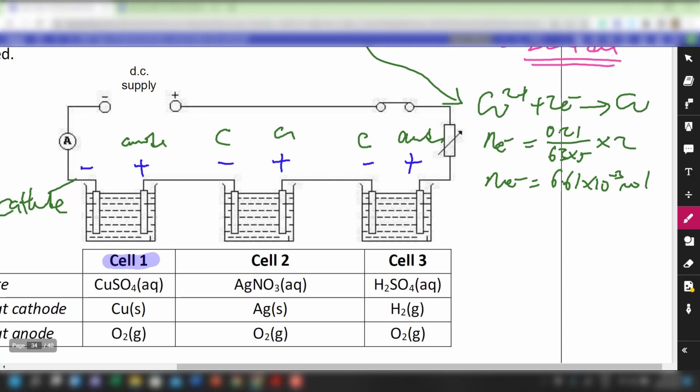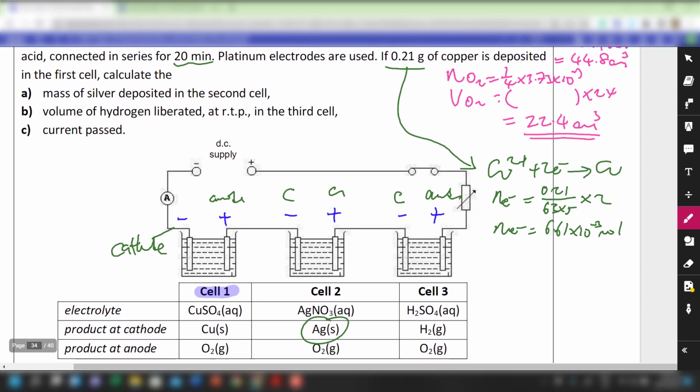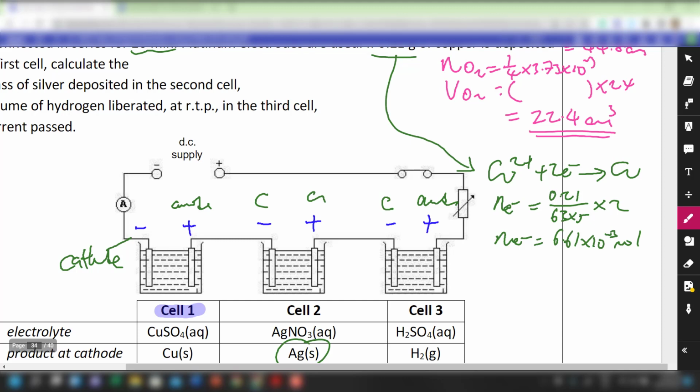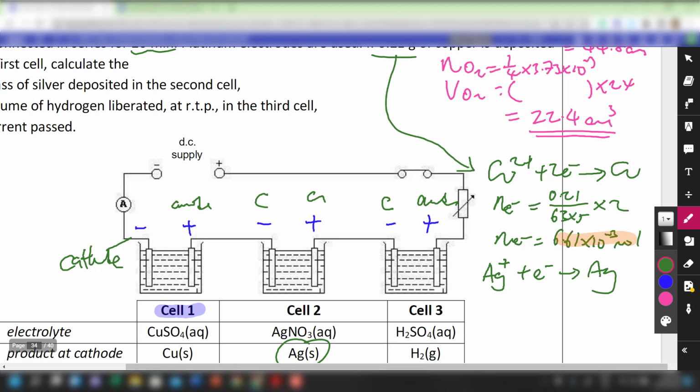Then for the second cell, we want to calculate the mass of silver deposited, which is what the question asks. So we need to look at the number of moles of electrons transferred for 1 mole of silver to be deposited. Ag+ plus an electron gives Ag. Remember that the number of moles of electrons transferred must be the same. So the number of moles of silver deposited will be the same as the number of moles of electrons transferred, because it's a 1:1 ratio.